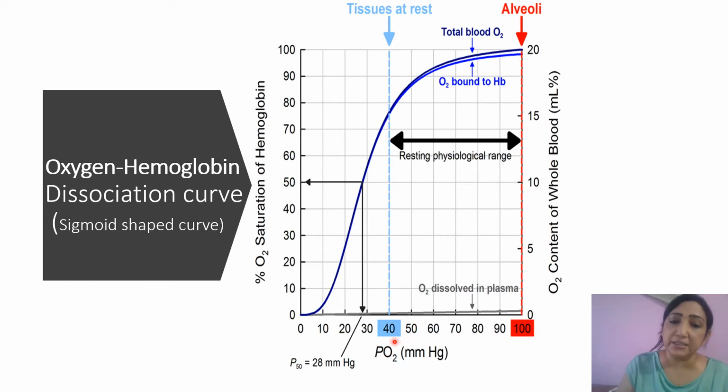From 100 it is 40, so it is a 60 millimeters of Hg difference. The oxygen started dissociating as the partial pressure of oxygen decreases further. So this is called the steepest part of the oxygen dissociation curve, where the unloading is happening. After this, whenever the hemoglobin reaches the tissue, the unloading of oxygen is very important for metabolism. So this steepest part of this graph is called the unloading part of the dissociation curve.